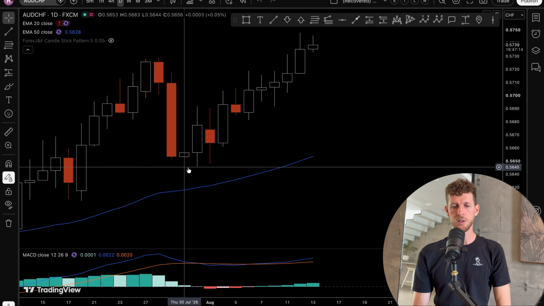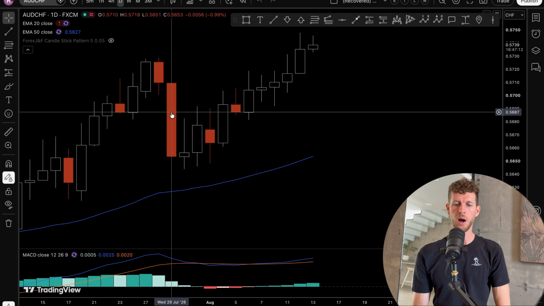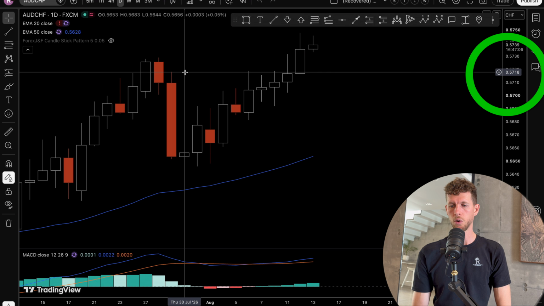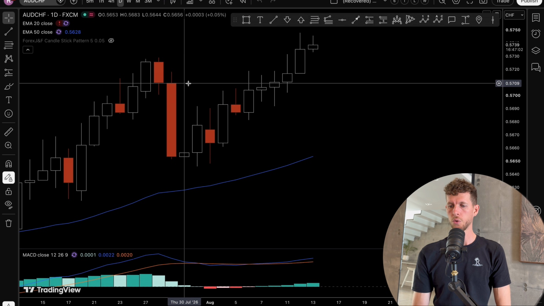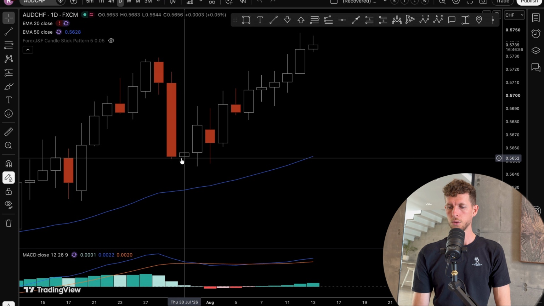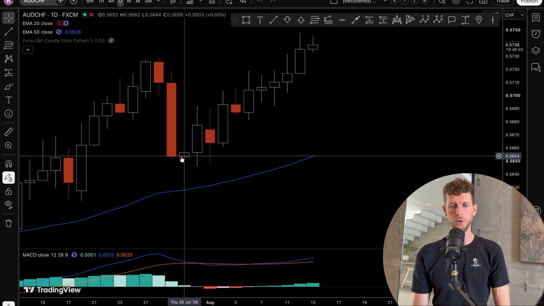So you can actually see this candle houses data like the highest point of that candle, which on the side there you can see 0.5718, and then the opening was 0.5709, and the candle body traveled all the way down to 0.5652, closing at 0.5654.